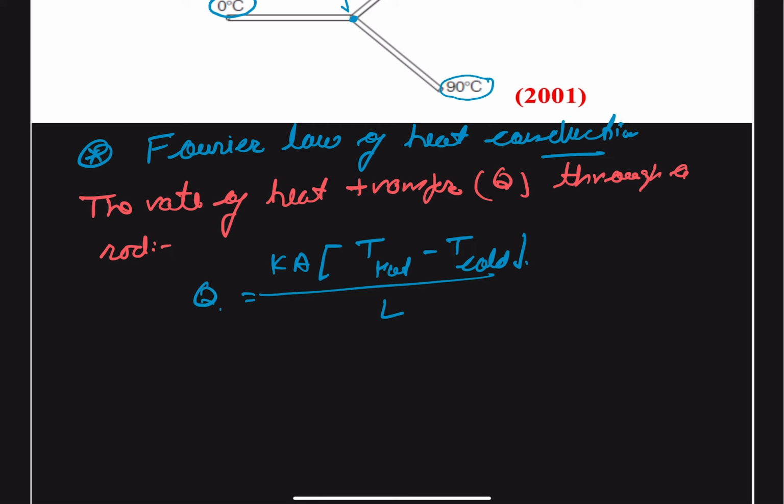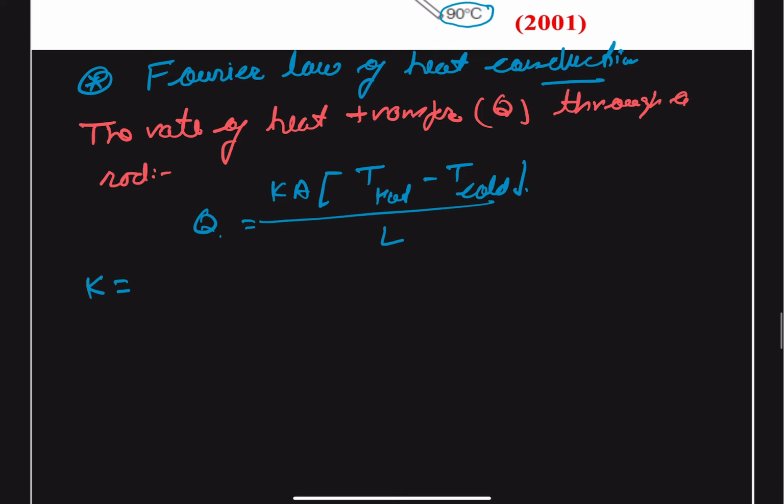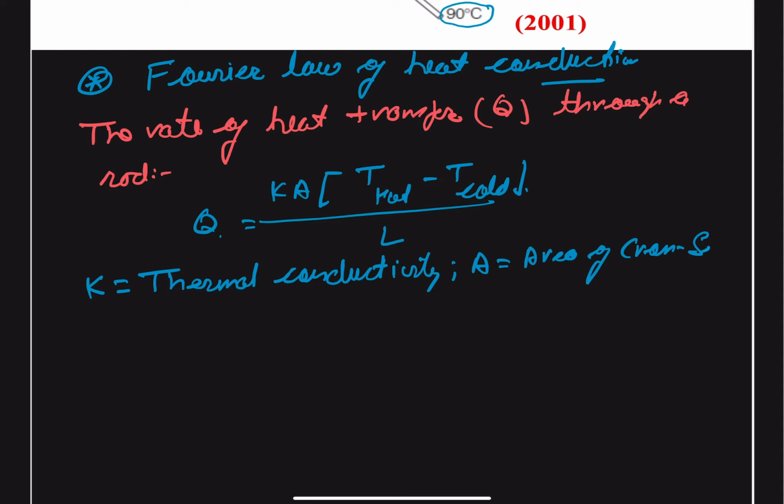Herein, let us define K as thermal conductivity. A is the area of cross section.